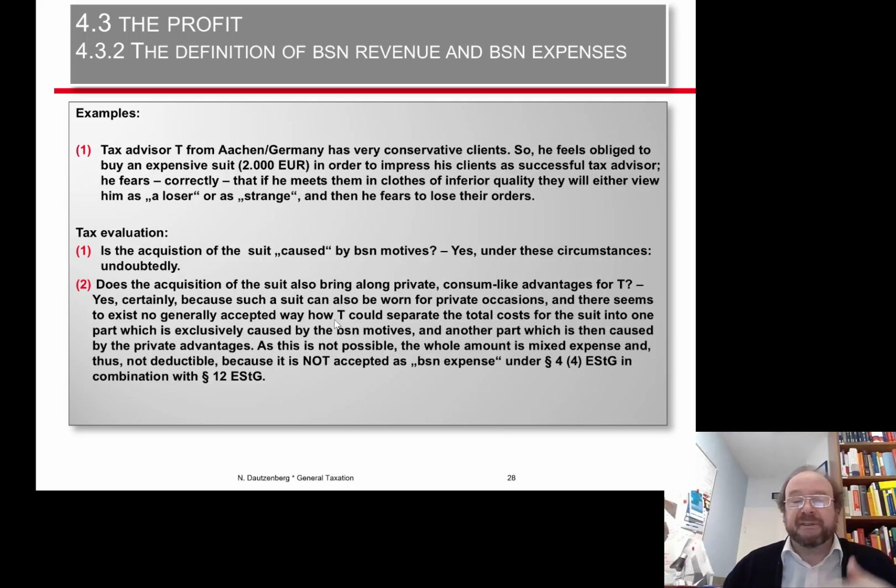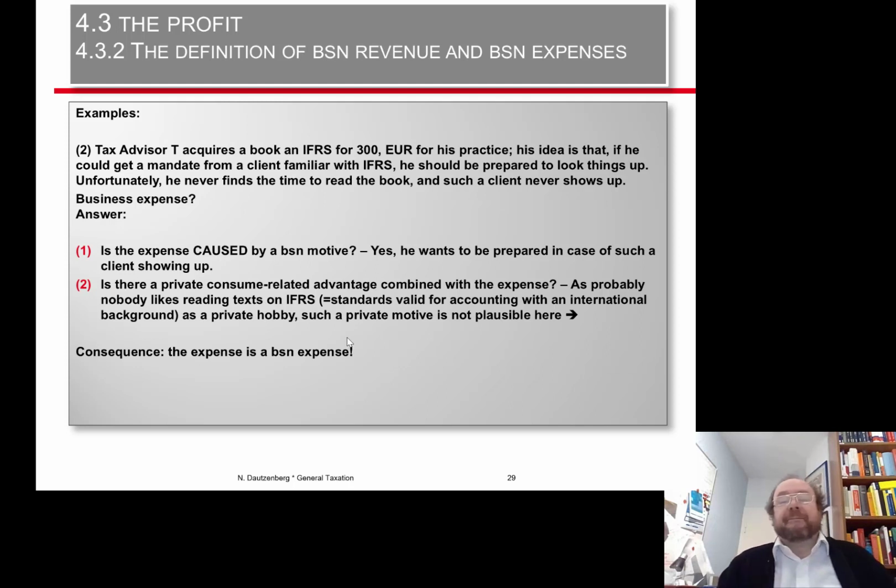And by the way, naturally, a suit of 2,000 euro would also probably have to be depreciated over time, but that's not our point at the moment. So, next example, our tax advisor begins to take an interest in IFRS. IFRS is something which you probably come across during your lifetime later, International Financial Reporting Standards.